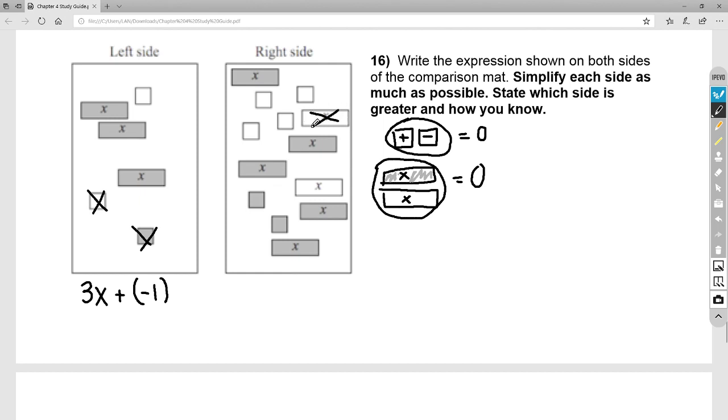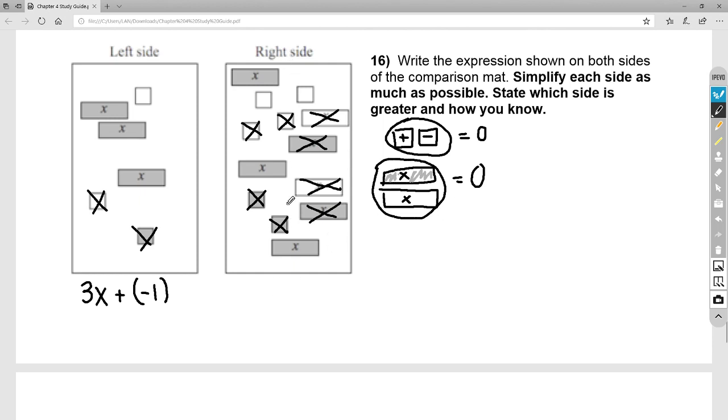On the right side, you can see I do have a lot of zero pairs. I have 1 zero pair here: 1 shaded, 1 unshaded x, that makes 0. You have another unshaded and shaded x, that makes 0. And then you have a couple of the 1 tiles that you can pair up: 1 unshaded and another shaded. So here I just crossed out all my zero pairs.